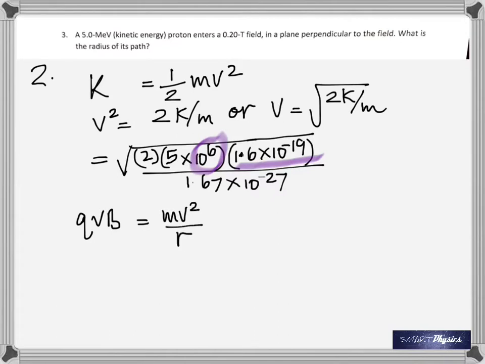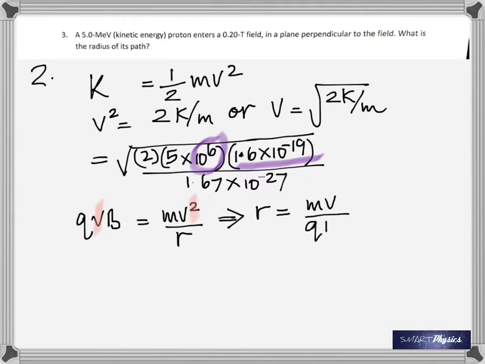And then once we get the velocity from here, we can use the concept that the centripetal force mv squared by r is equal to qvB. Now what is that? That is the formula for maximum force acting on a particle moving through a magnetic field. So rearrange that to make the radius the subject.